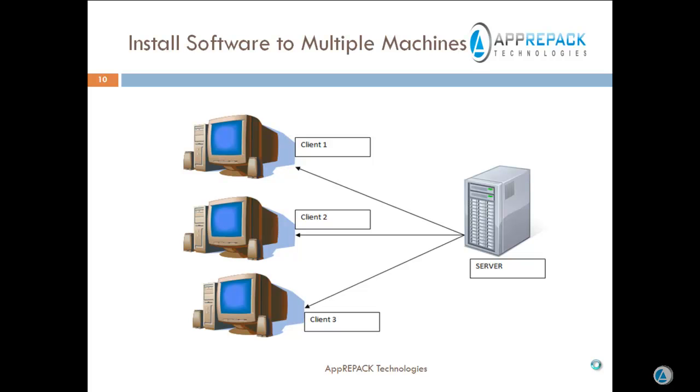For example, today I should install Microsoft Office to 10,000 machines within an hour. If Microsoft Office application takes 15 to 20 minutes to install on a single desktop, you can imagine how much time it takes to install on 10,000 machines.